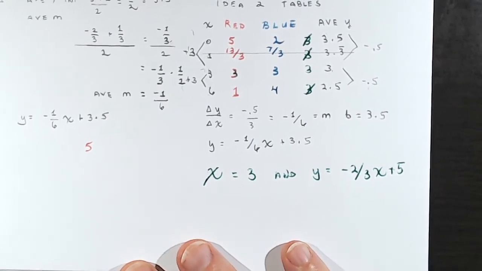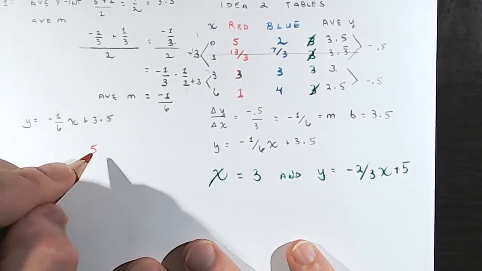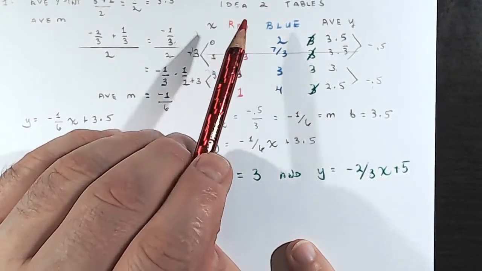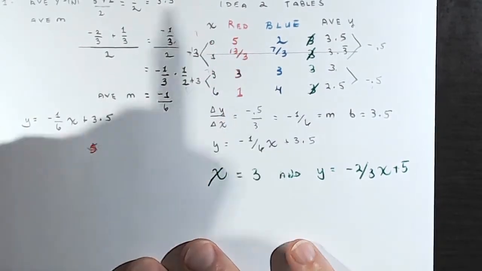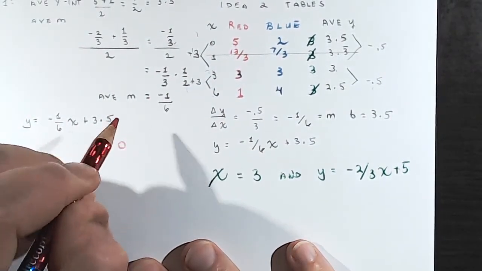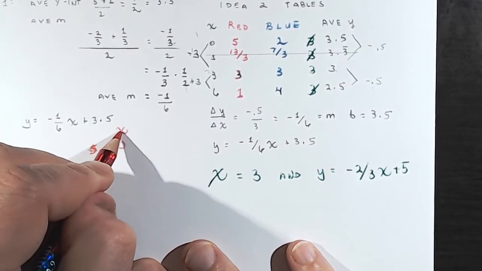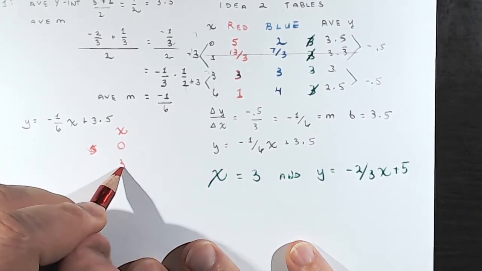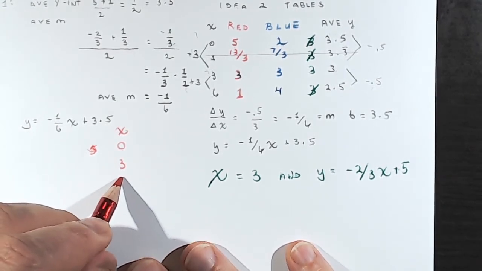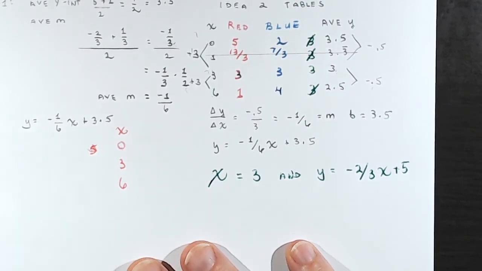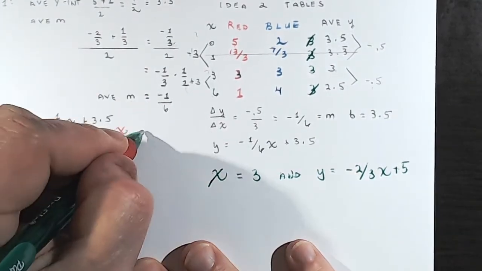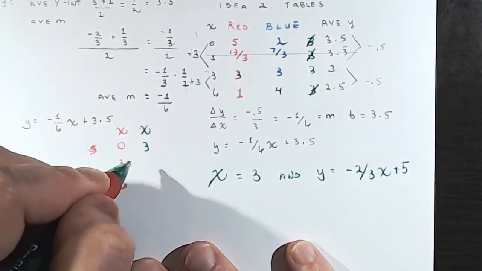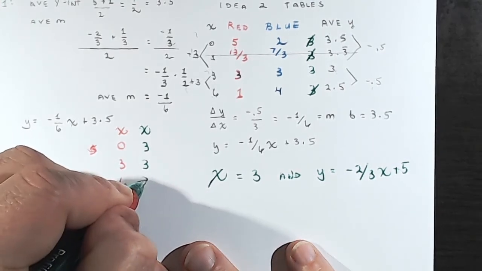I wonder if you do it the other way. What if we just take the x value? When red y is 5, x is 0. So we'll just take the x values of the red equation. Here at 3, I've got 3. And then here I've got 6. For my green equation, all of my x values would be 3, 3, 3.